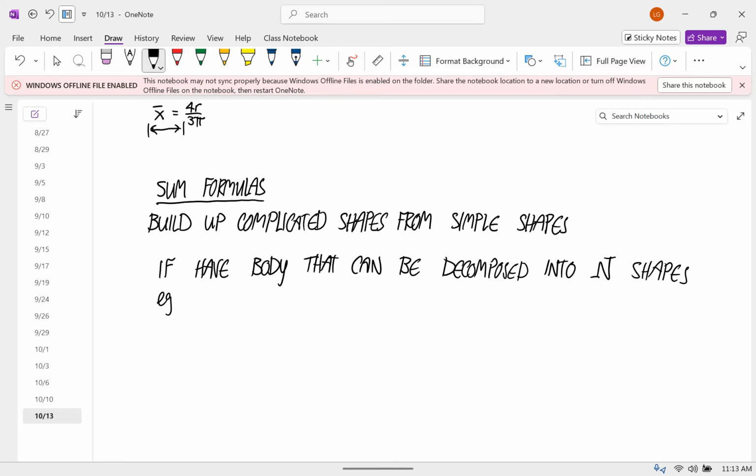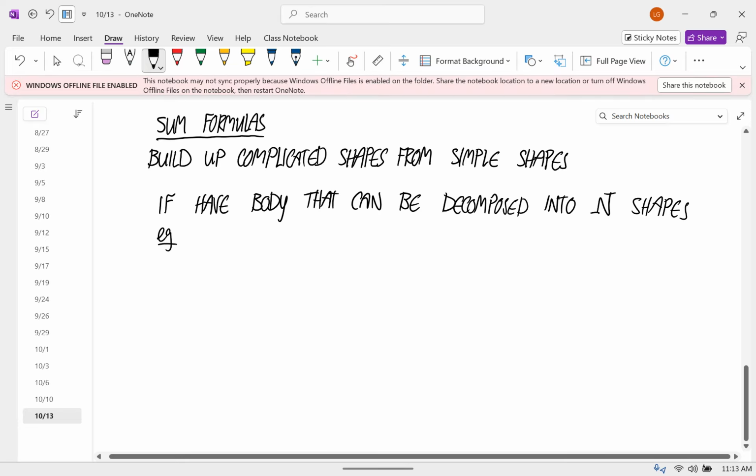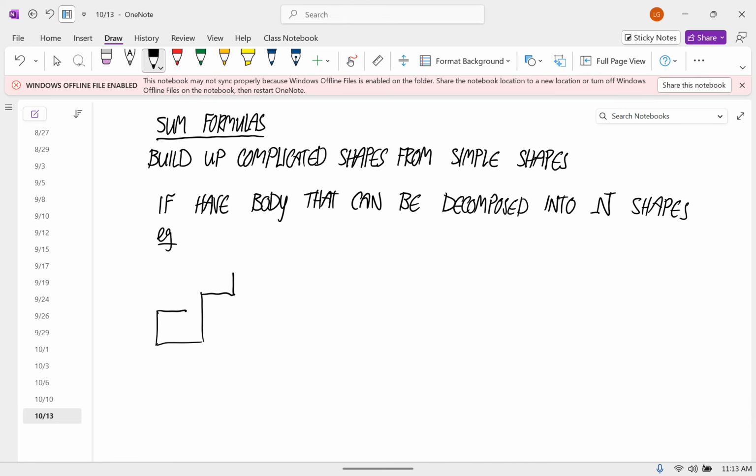For example, this shape here, there's a few ways you could break it up, but we can break it up into a rectangle like that, a rectangle like that, a rectangle like that, and a semicircle. Or a semicircle is 2 quarter circles, so you could use the quarter circle idea.